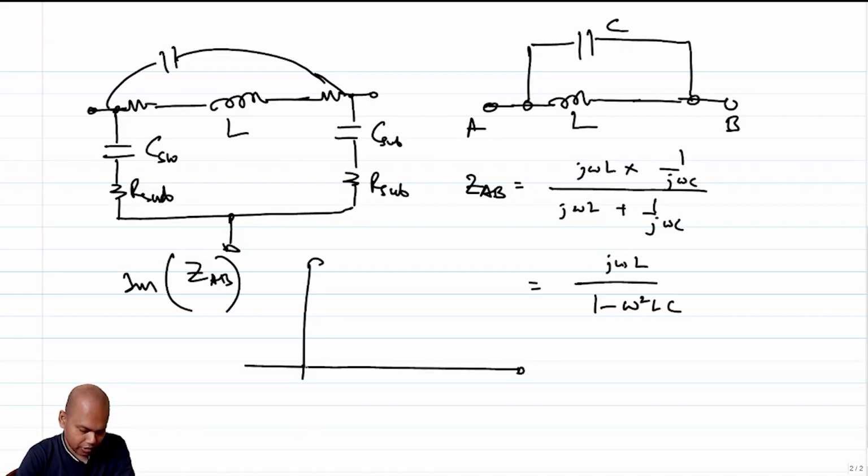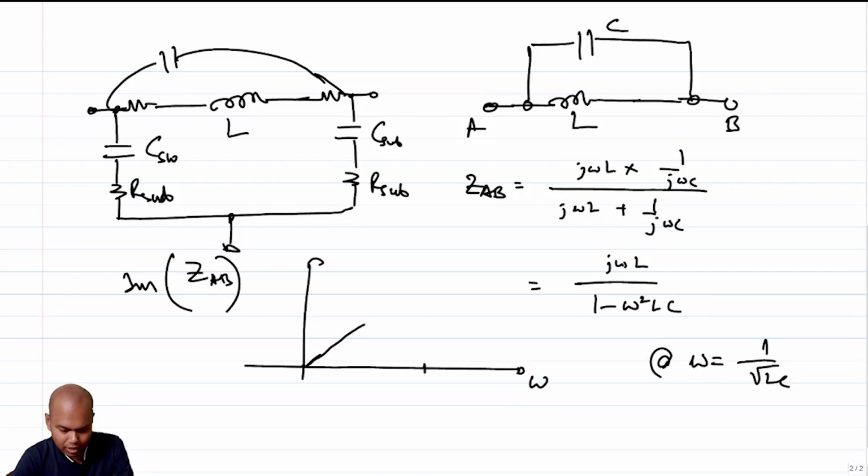at very low frequencies this increasing linearly. But at omega equal to 1 over under root LC, what would I see? I would see this impedance go to infinity.